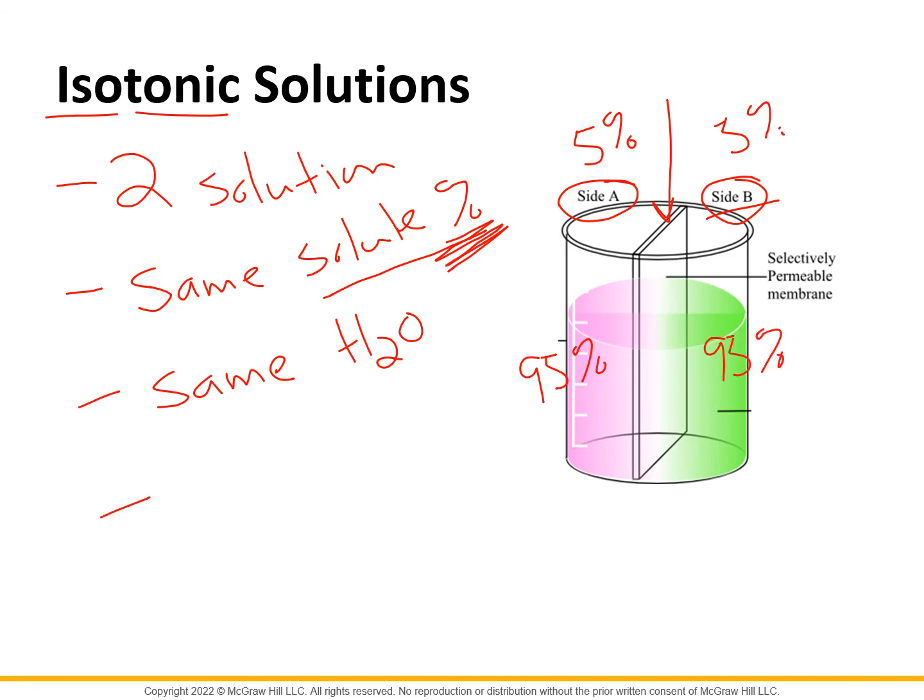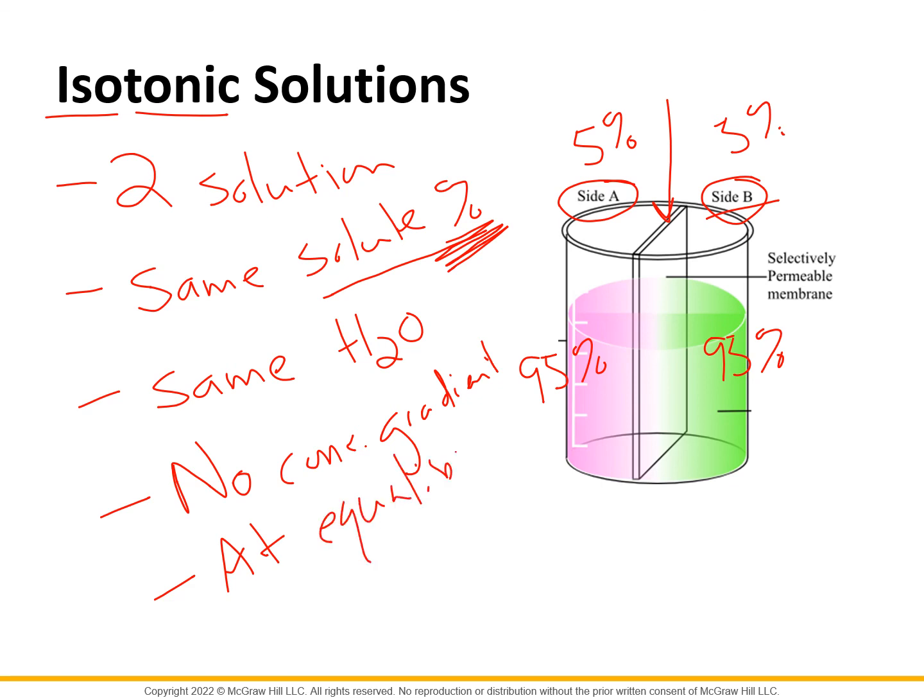And now, because they have the same water concentration, there is no concentration gradient. There's no difference in concentration, so they are at equilibrium. So there is no osmosis.